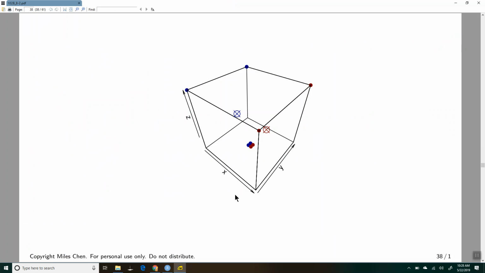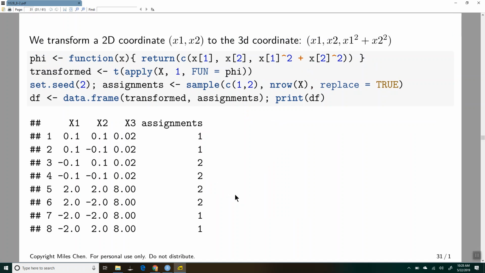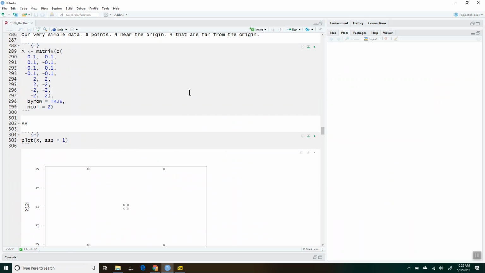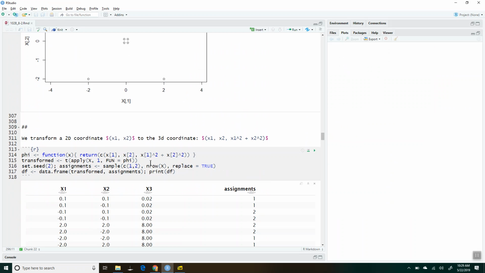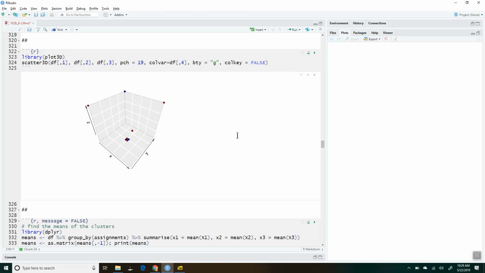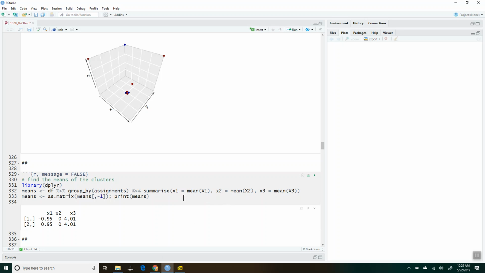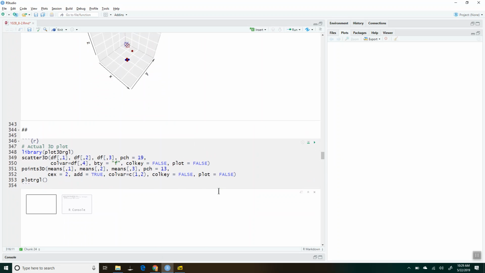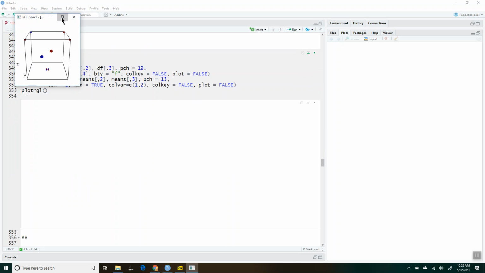Sorry, let me change my initial assignments slightly, because we had this symmetric problem here.